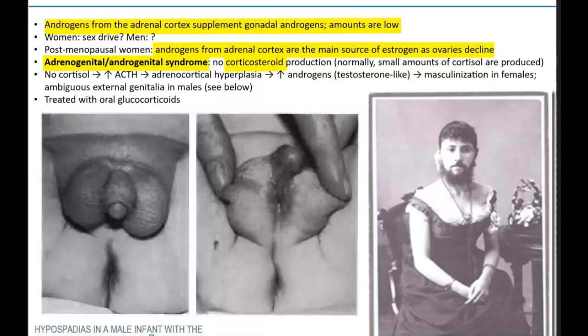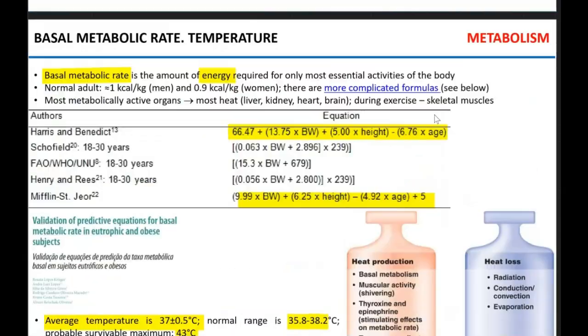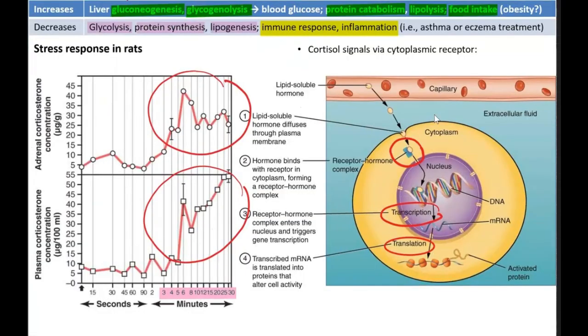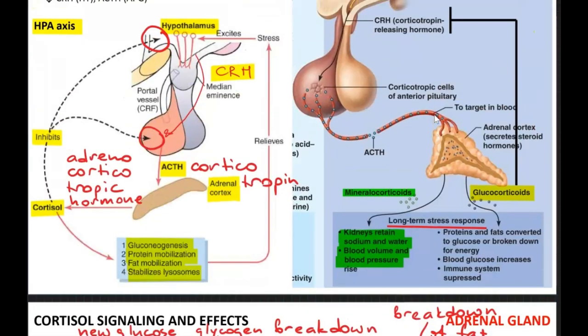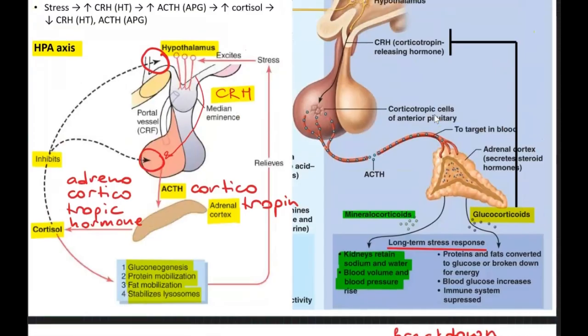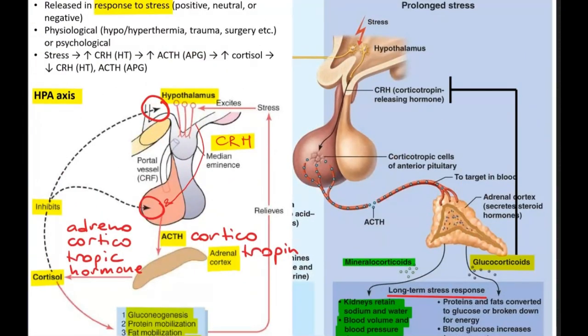Complete lack of corticosteroids means that if you look at the negative feedback loop, if you cancel cortisol, then there is no inhibition, and it means that the levels of CRH and ACTH both are going to go up.